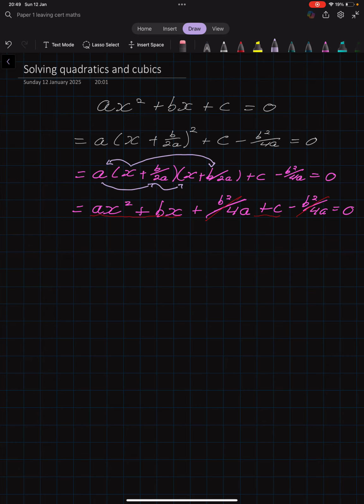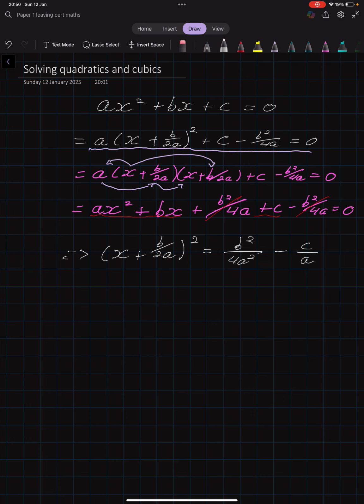Now this transforms to x plus b over 2a squared equals b squared over 4a squared minus c over a. So I brought the plus c minus b squared over 4a over to the right hand side, so it becomes plus, and then I divided both sides by a.